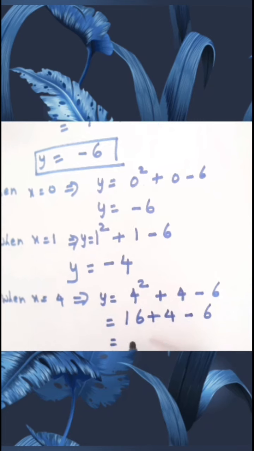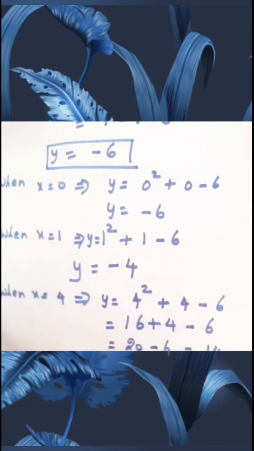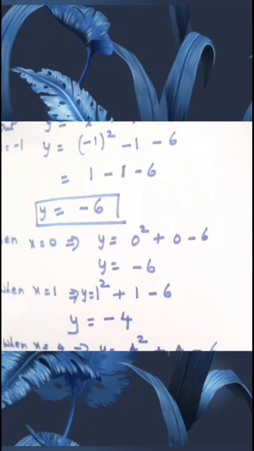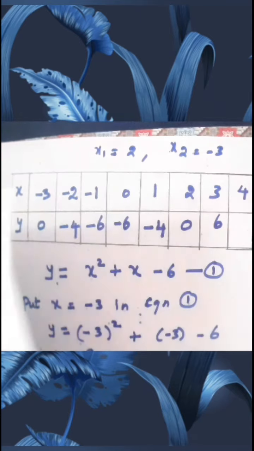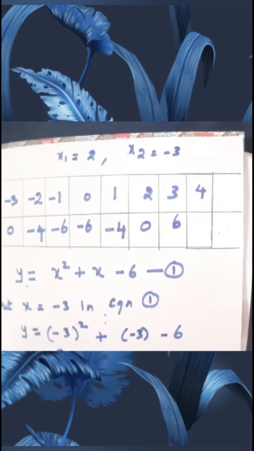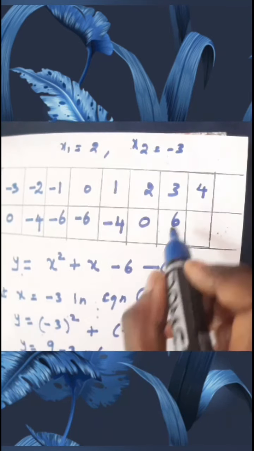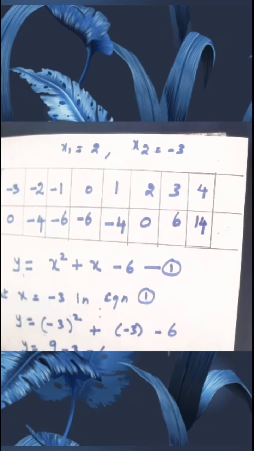So 16 plus 4 is 20. 20 minus 6 will give you 14. Okay. So when x is 4, the value of y is 14. So I'll just write it here.